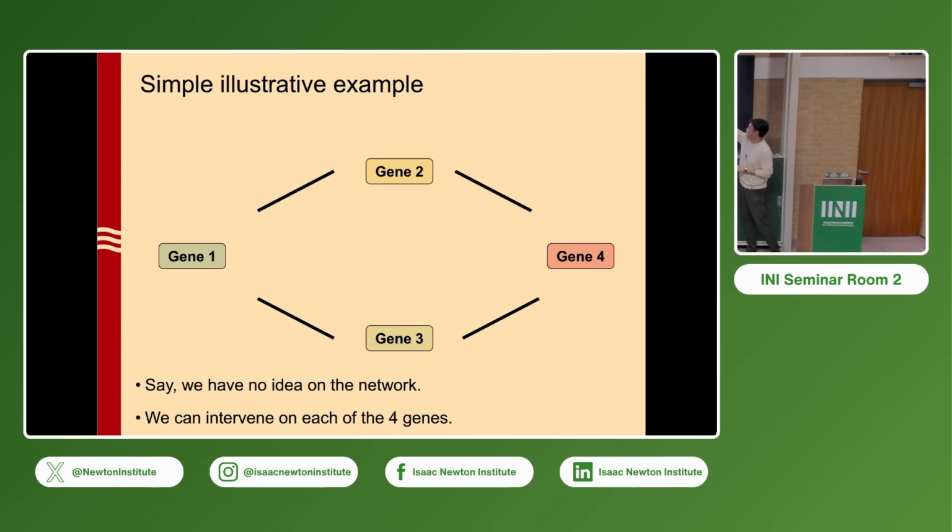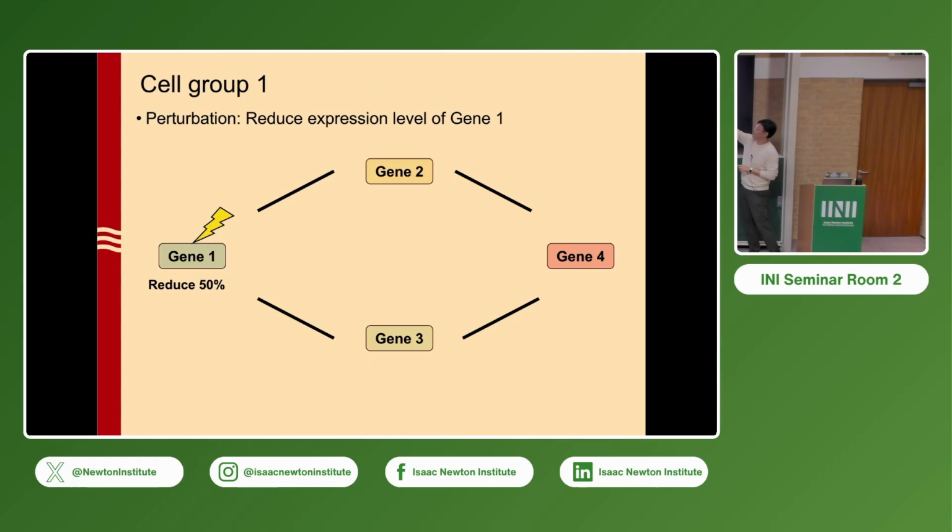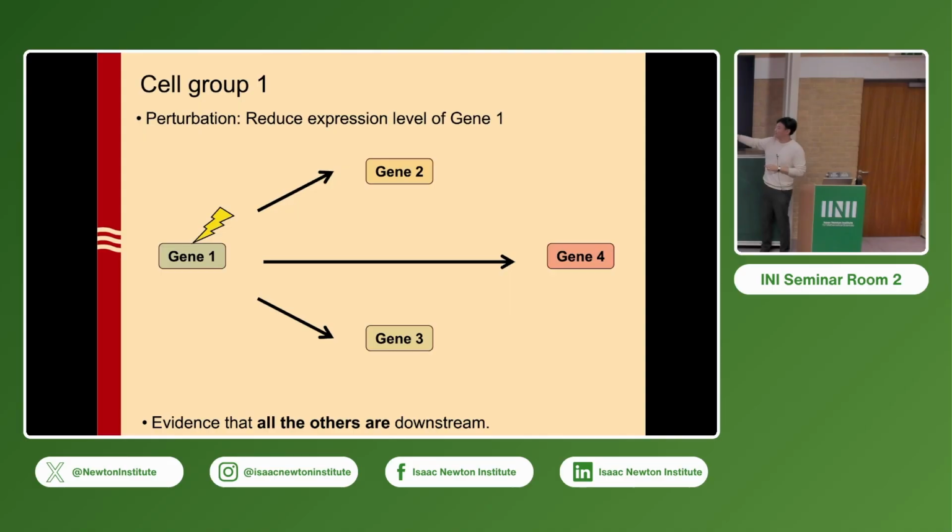We intervene on each of the 4 genes. For a particular group of cells, say we intervene on gene 1 to reduce its expression level, and we see the expression levels change for the other genes. That is good evidence that genes 2, 3, and 4 are downstream of gene 1.